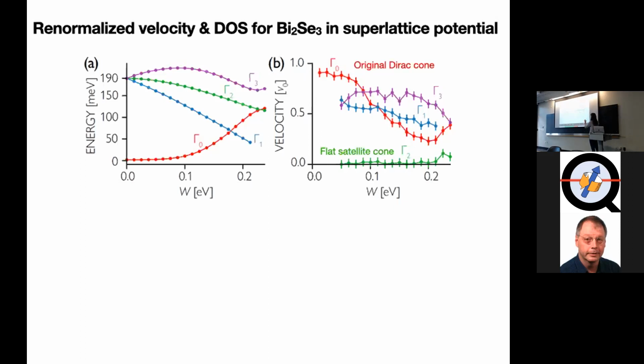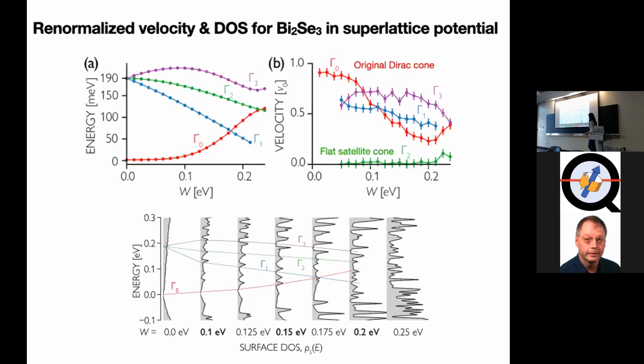The thing that we see is that the Dirac cone velocity is dipping down to, let's say, 0.4 of its original value, as a function of the potential strength. So it seems to reach more or less the same max that we saw in our toy model, dipping down below half of its value. But the neat thing is that this actually happens in this real system, which has a whole bulk and has all of the surface anisotropy that you would get from bismuth selenide.